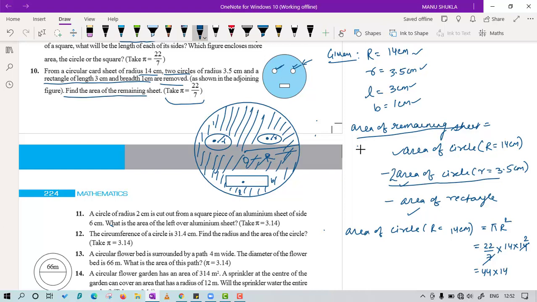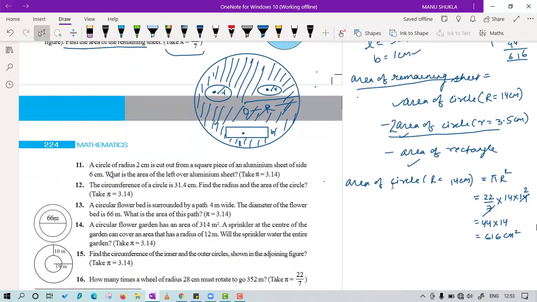For 44 into 14 you can make a rough column on the right hand side and multiply. The answer is 616 centimeter square. Without the unit, your answer is incomplete.